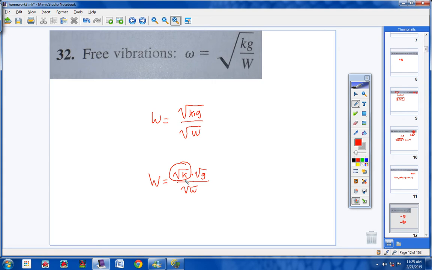So it looks like we have direct variation because the k is right next to the g, but it also looks like we have inverse variation because the k is above the w. So we have both.